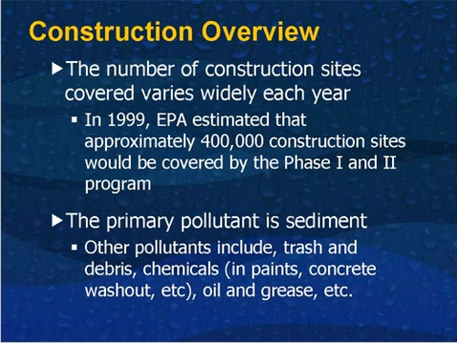That is going to vary widely every year depending on the economic conditions in the country. For the last 10 years we had a lot of construction sites, with a lot of development in the last couple of years. Obviously that has changed rather dramatically, so this number is going to go up and down every year.